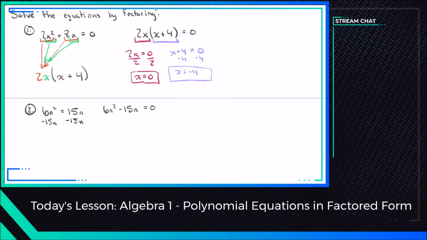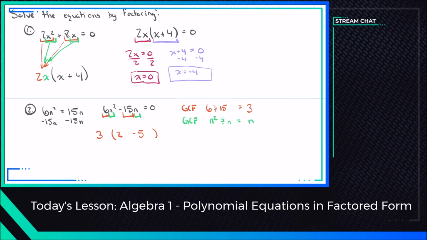So if we factor out, let's look at 6 and look at 15. The GCF of 6 and 15 is equal to 3. Right? So we can pull a 3 out of both of those. And so if we do that, 6 divided by 3 is 2. 15 divided by 3 is 5. And then if we look at our n's here, the GCF of n squared and n is just n.